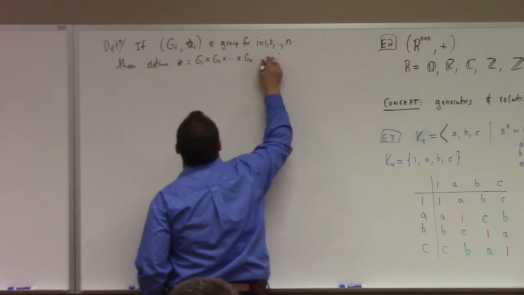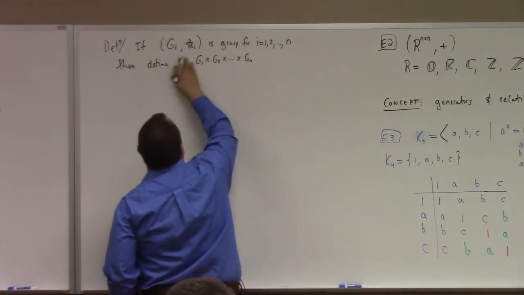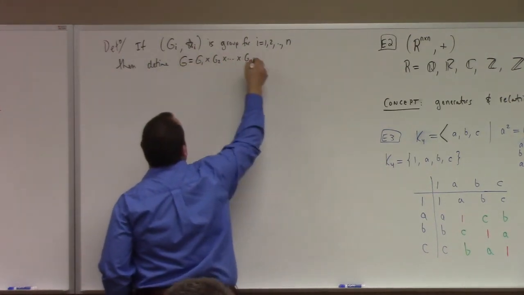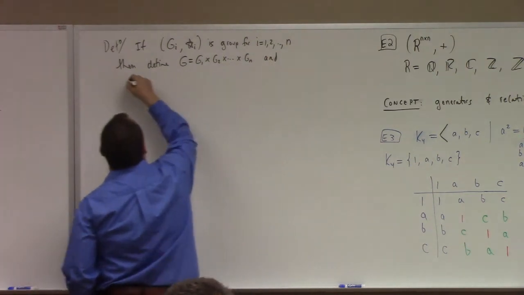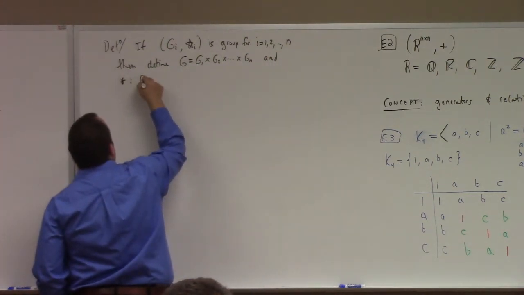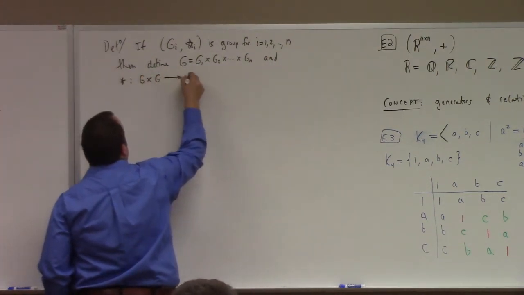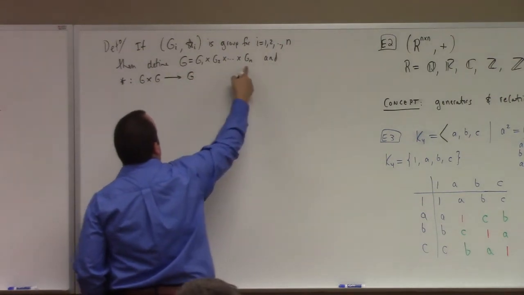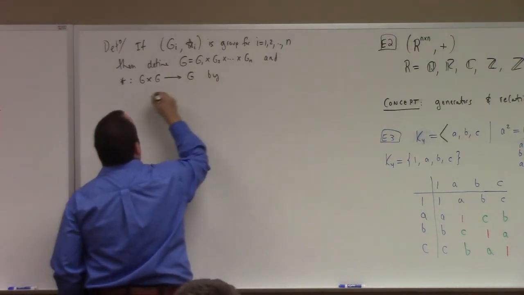Let me call this G. And we'll define star on G cross G to G. So here it goes.